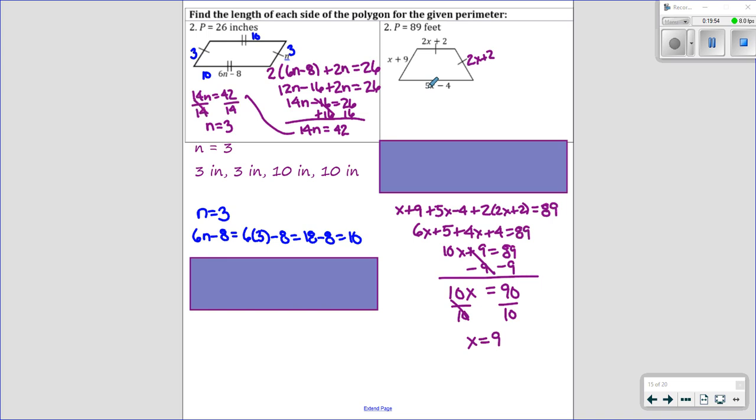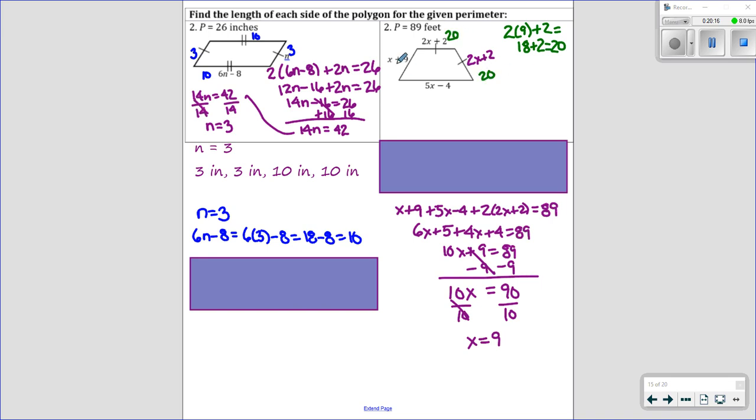So, how can I do this? So 2 times 9 plus 2, excuse me, 18 plus 2, so that gives me 20 feet. And then that means this is 20 and this is 20.